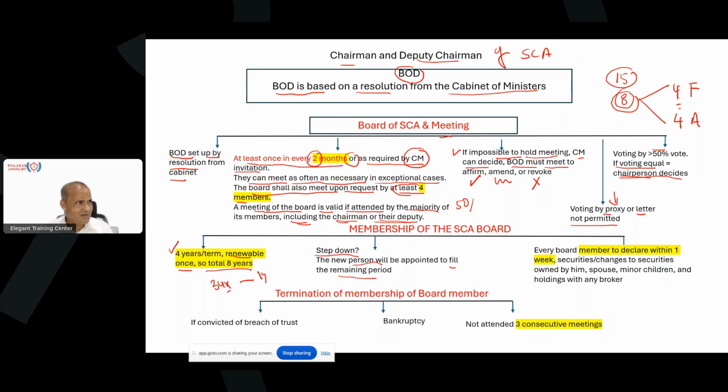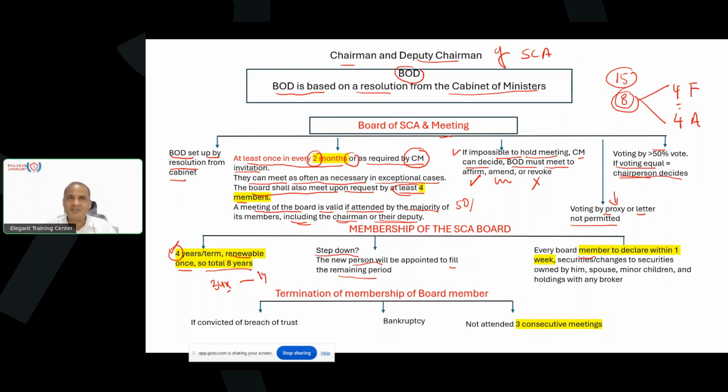Clear, sir? Good. Every board member, yes. Meaning, for example, if he joined for 1 year, then it is renewable twice. Then next year he will have 5 years. So he can join a third time. Okay, what it says now is the membership is for 4 years, right?